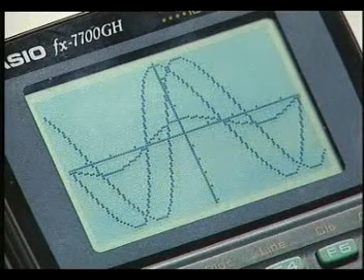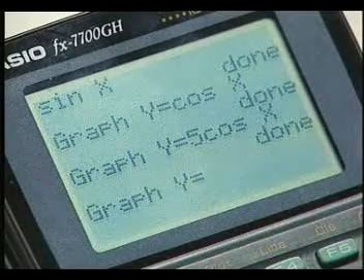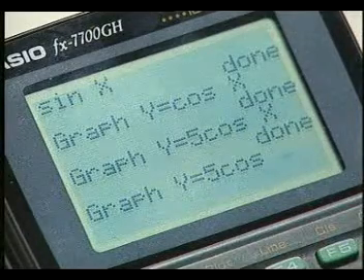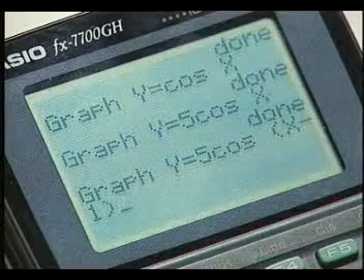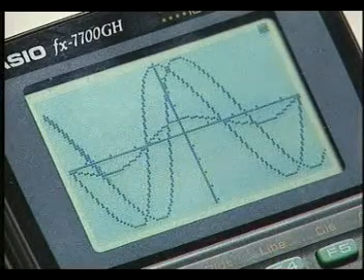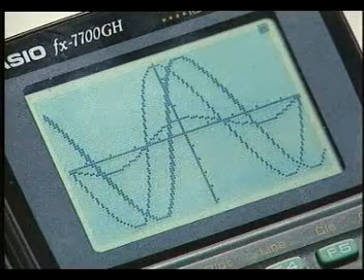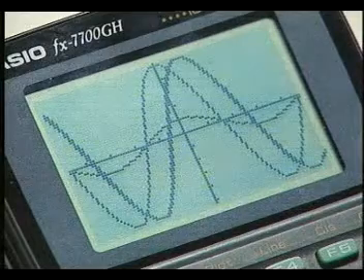So let's correct that. And let's graph 5 cos of x minus 1. And that's almost correct. It's just covering over the graph and making it a little bit thicker.